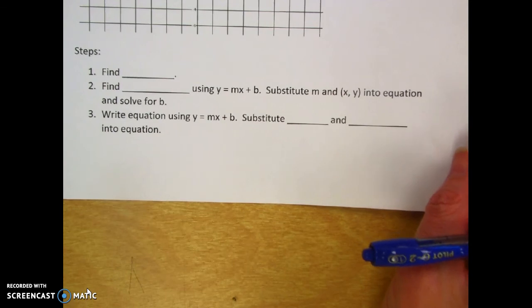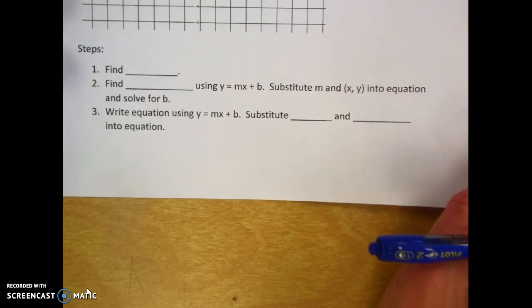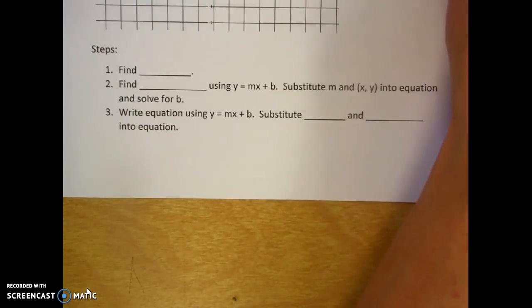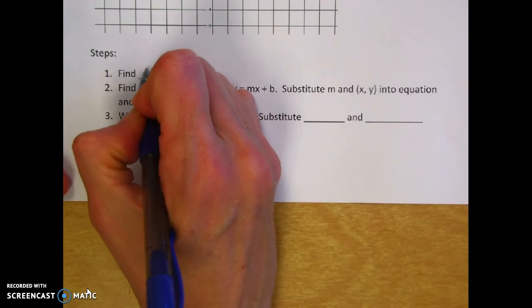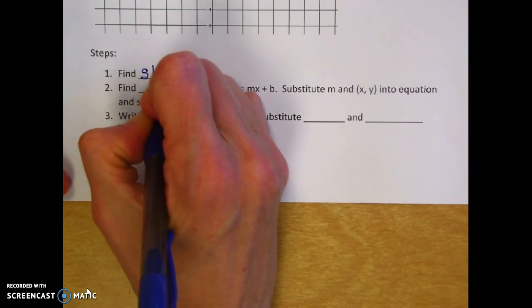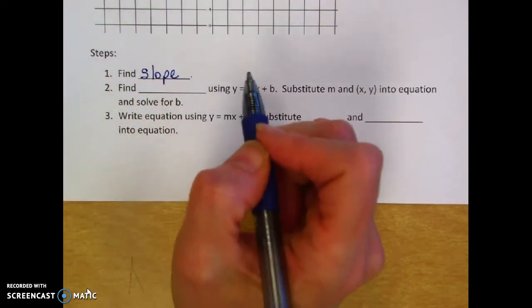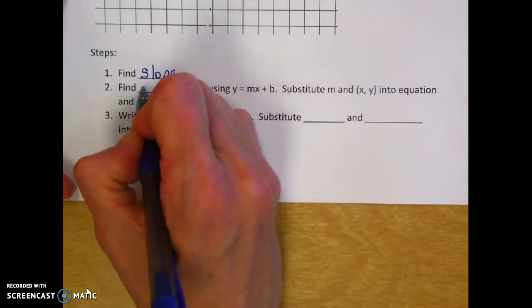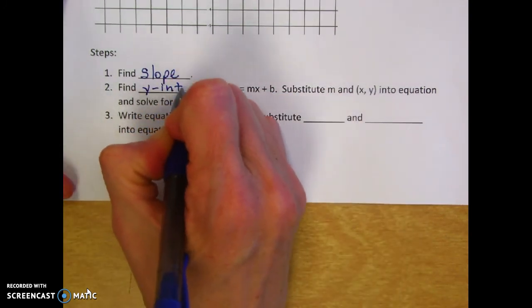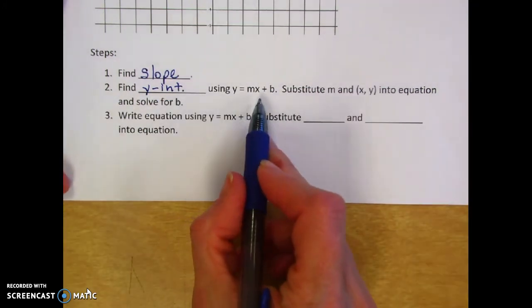So the steps to find the equation when the b value, when the y-intercept is crossing in between numbers. First, you're going to find slope. After you calculate the slope, we are going to find the y-intercept by using y equals mx plus b.